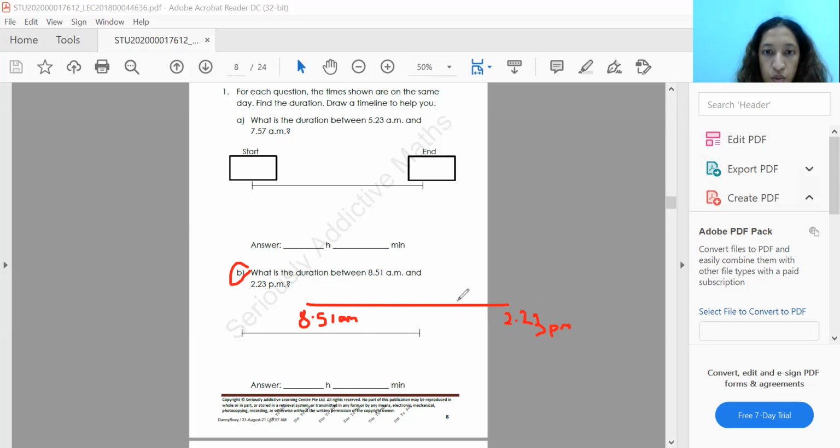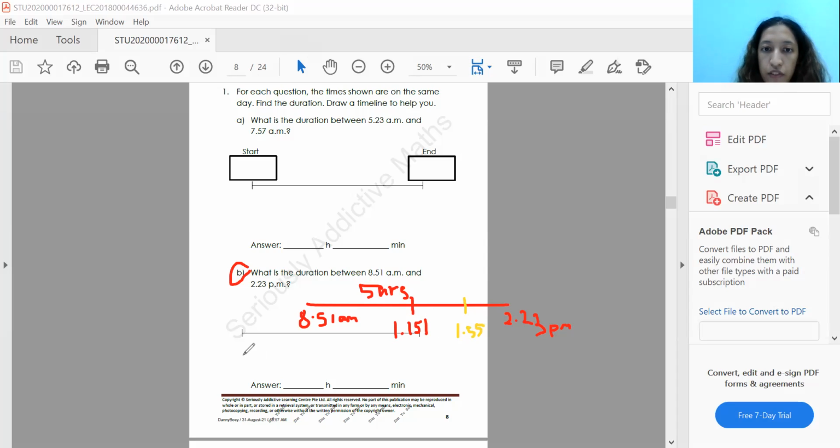Let us do from 8:51 to 1:51. How many hours is that? 8, 9, 10, 11, 12, 1. 5 hours, right? Let me put my 1:51 over here. Now from 1:51, let's do to 1:55.